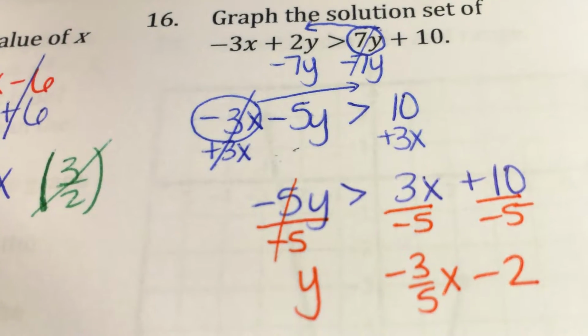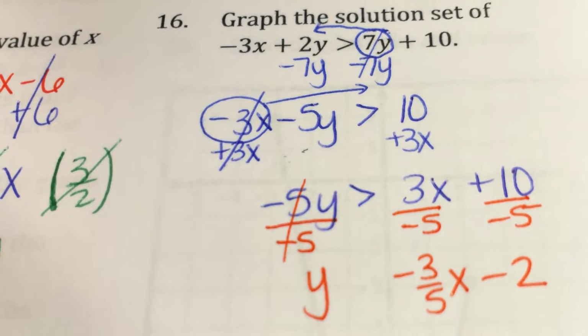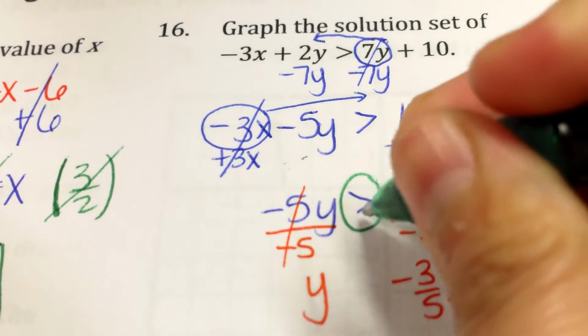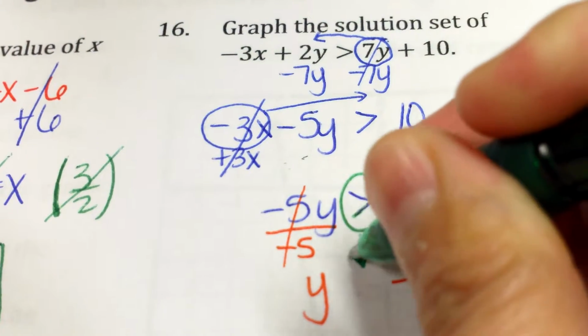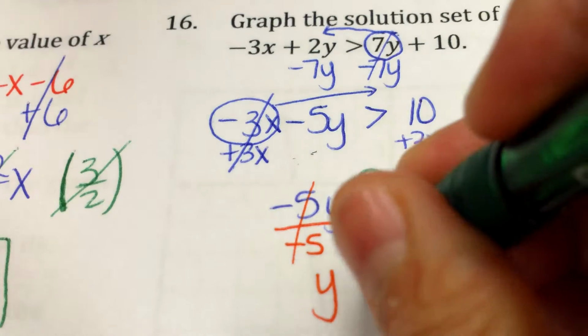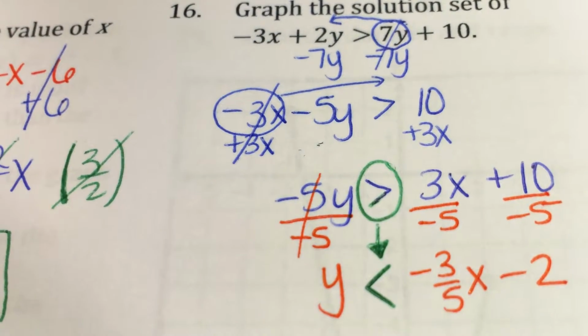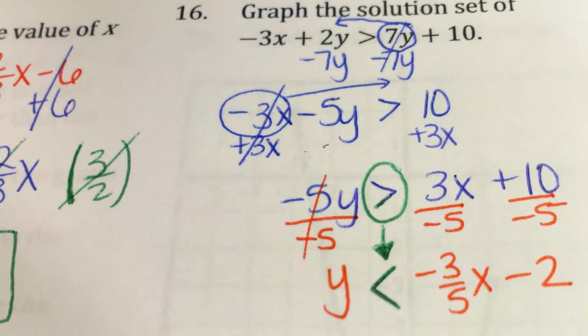Now, because I did divide by a negative, that's important. The symbol flips whenever you multiply or divide by a negative. So now, instead of being greater than, it is less than. It's important that you remember that rule.